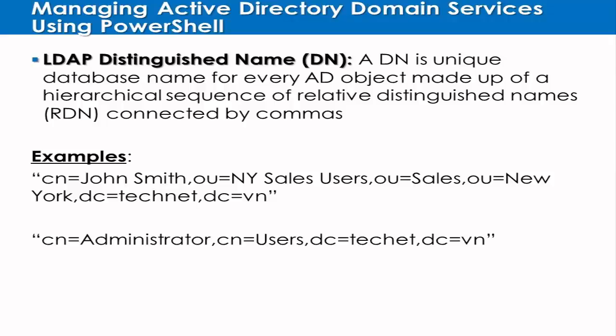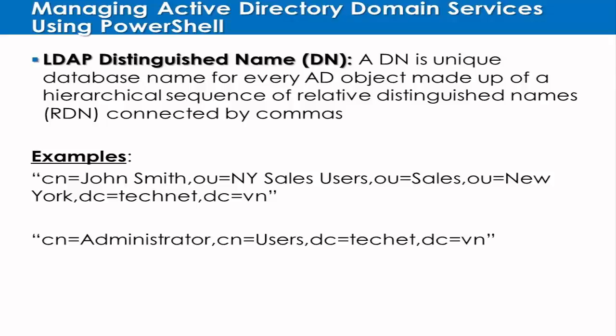After the comma, we have OU, which of course stands for organizational unit, equals NY sales users. So what we're saying is, in the NY sales users container, relative to that container, there is only one object that's going to be truly named John Smith. And that's this user account.